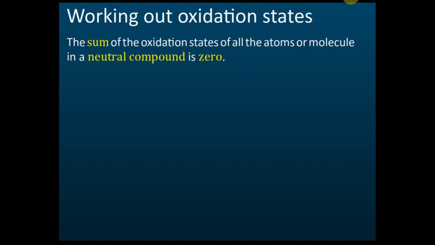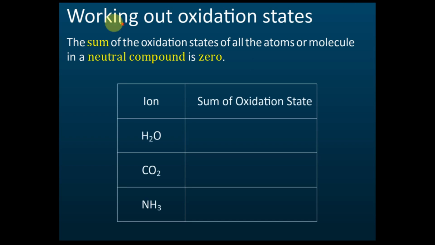For example, the sum of oxidation state of water, carbon dioxide, or ammonia are all 0. For hydrogen the oxidation state is +1, oxygen is -2, but the total sum of the oxidation state is equal to 0.